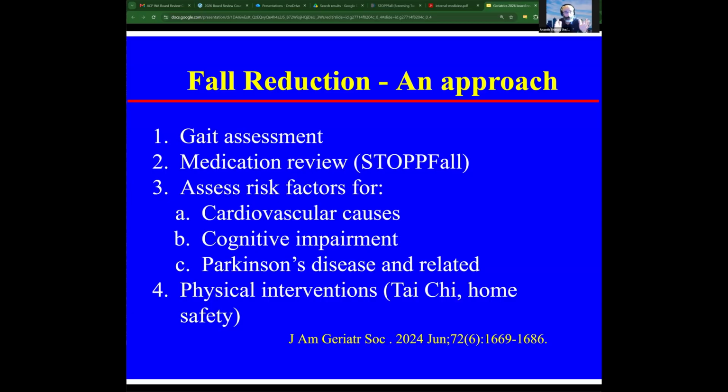Next, we think about broader risk factors for cardiovascular causes, thinking about could they have something driving an orthostatic hypotension or an arrhythmia, cognitive impairment, of course, and then Parkinson's disease and other movement-related disorders. And then finally, think about those physical interventions. This is where the physical therapy might be really beneficial. Thinking about is there more they can do for improving their gait, helping push them towards thinking about things like Tai Chi, and then a home safety assessment.